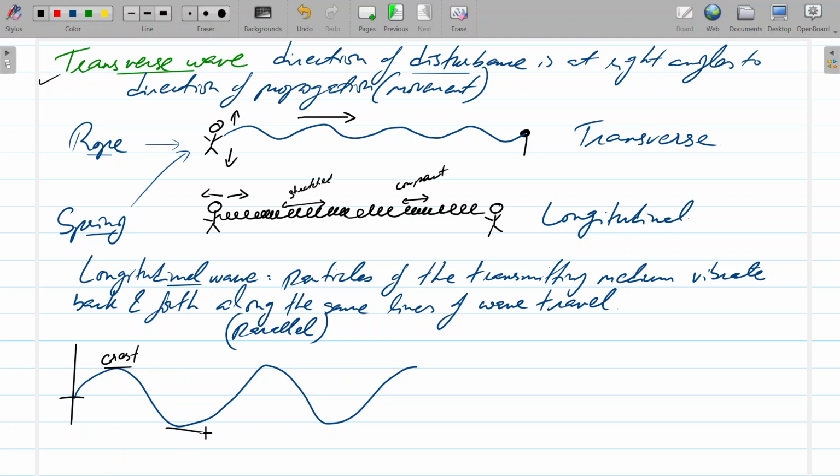And the part down here, which is at the low, is called a trough.